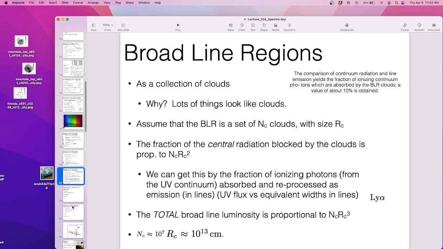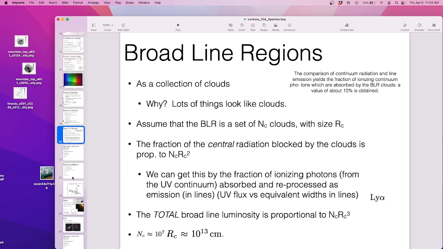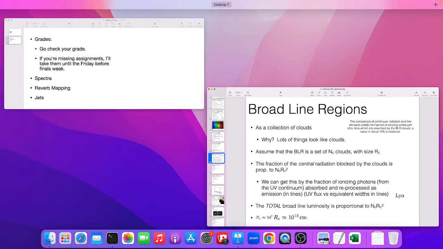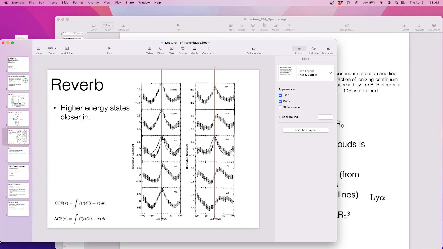For instance, there's one that I use later on. Let's look at carbon 4.